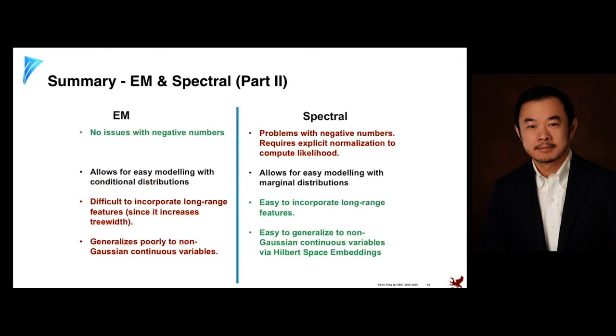And then, of course, there are technical issues, such as what if your matrices are ill-conditioned or have negative numbers? Such a thing doesn't exist in the EM algorithm, but it can exist in the spectrum algorithm.